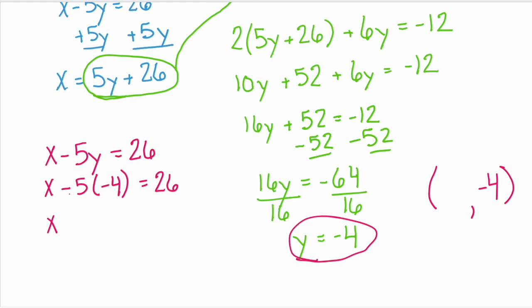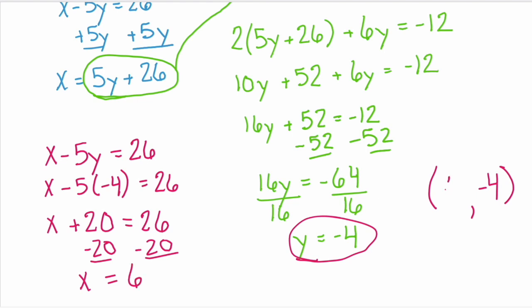So x, negative 5 times negative 4 is plus 20 equals 26. Now subtract 20 from both sides, and we see that x is 6. So we know that x is 6 and y is negative 4. That's the solution to this system of equations using substitution.